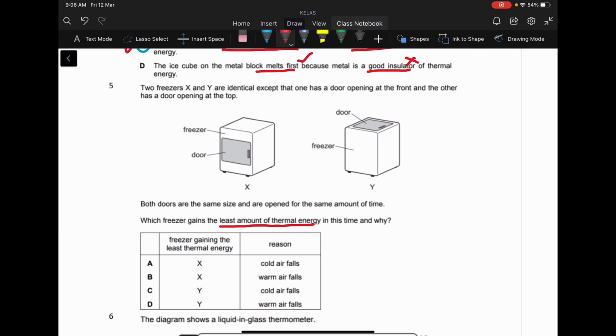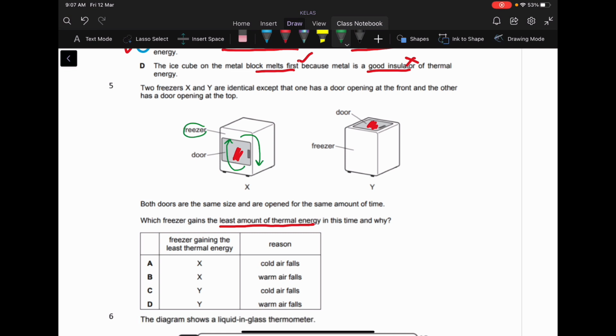They are identical, except that here the opening is at the front, and this one is at the top. Which freezer gains the least amount of energy? Looking at A, the freezer gaining the least thermal energy is X. Why? Cold air falls. What does that mean? In the freezer, cold air falls down and warm air goes up.